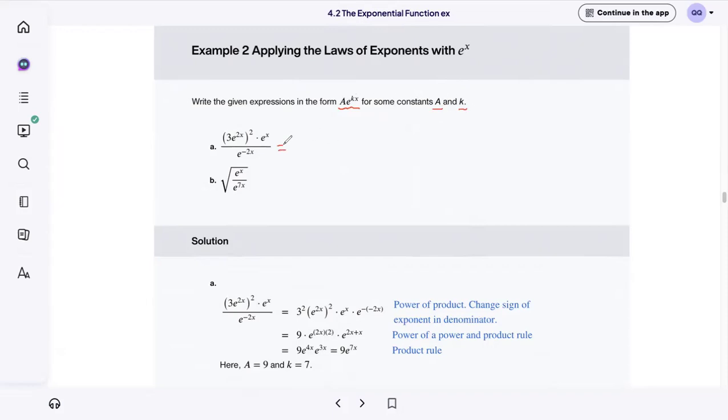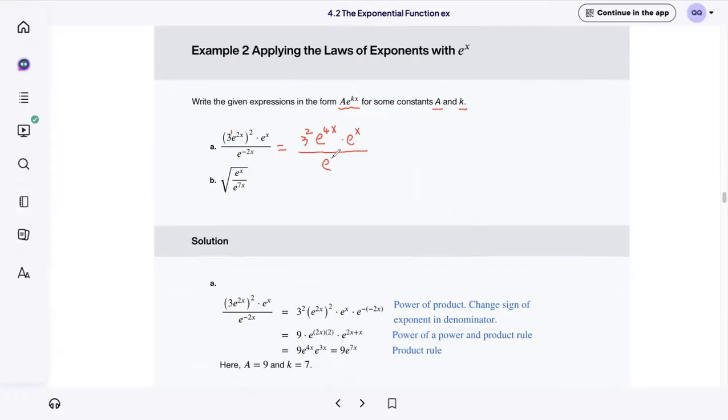So let's say this. Remember, when this exponent is outside, we have to distribute this exponent to everything inside the parentheses. So we get 3 raised to 2, because 1 times 2. Then e raised to 2x times 2 becomes e raised to 4x. Then times e raised to x.